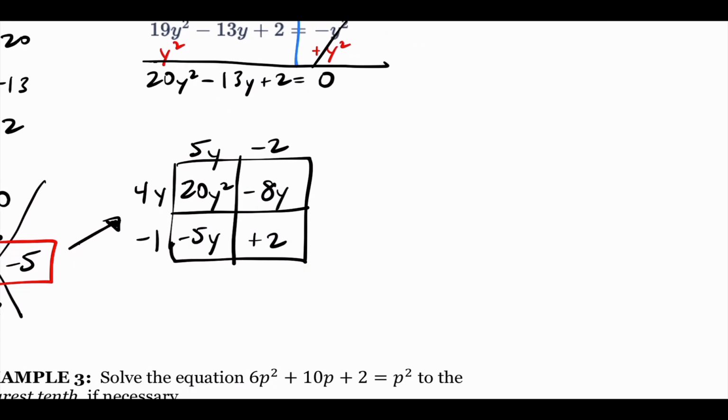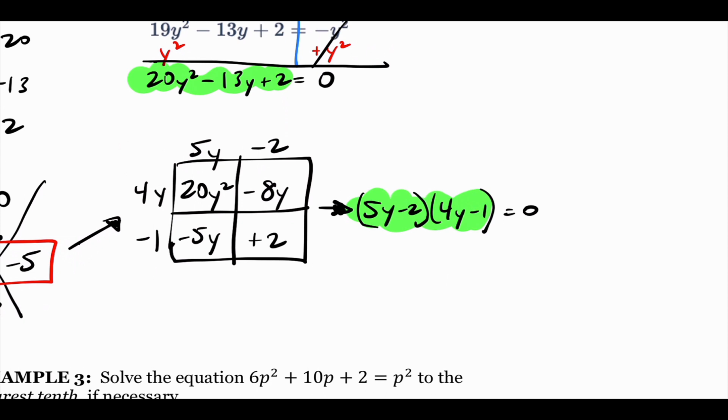Okay, all right, so now I get 5y minus 2 times 4y minus 1 equals 0, because I'm solving. The last step is I have to get my answers. So set them both equal to 0 and then solve.